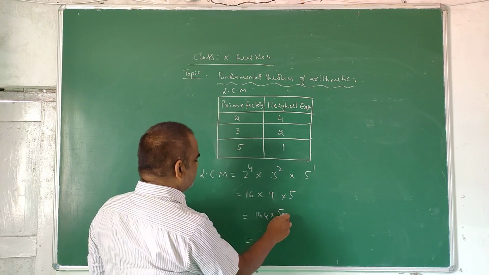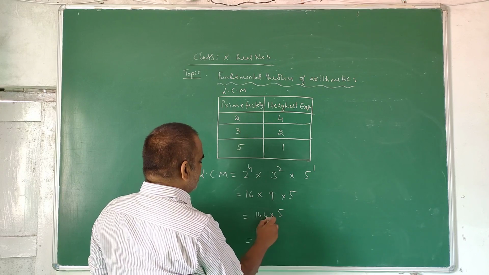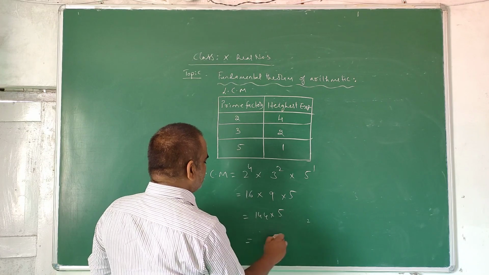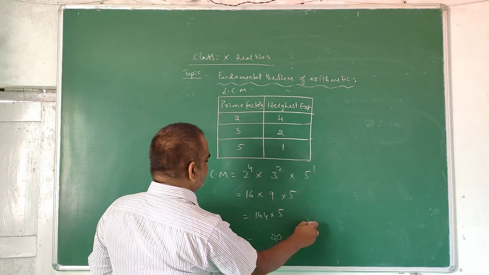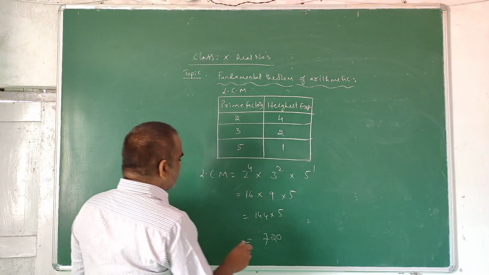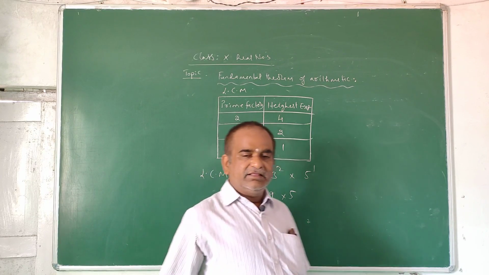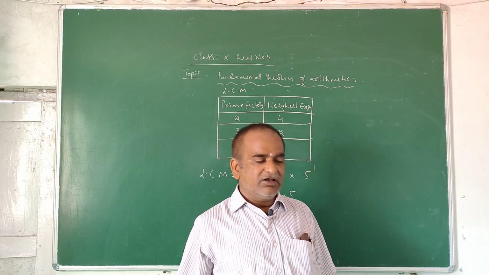If you take 144 multiplied by 5, 5 4s are 20, 22, 5 1s are 5, 5 plus 2, 7. So LCM is 720. Did you understand? Okay.